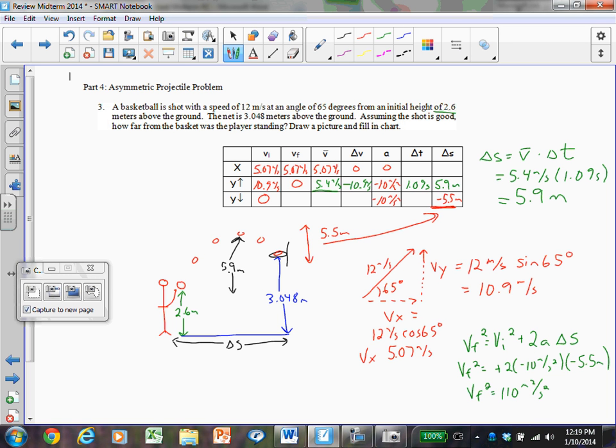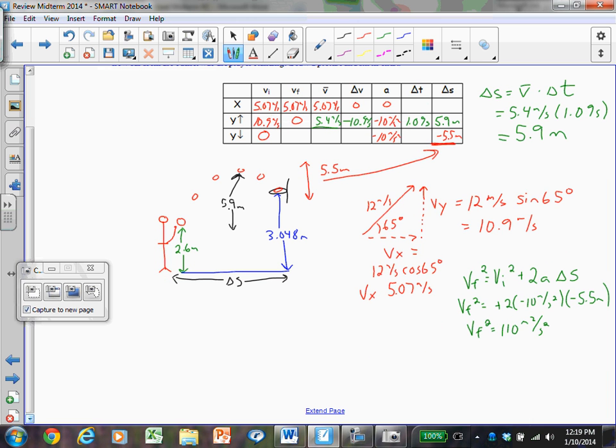Square root of that is 10.5 meters per second. And it's negative, it's coming down. So that goes in here.